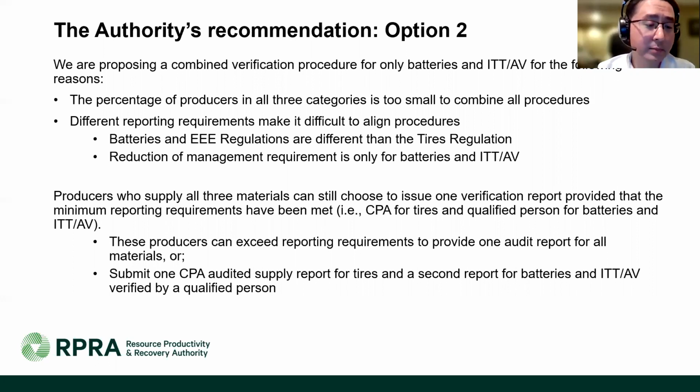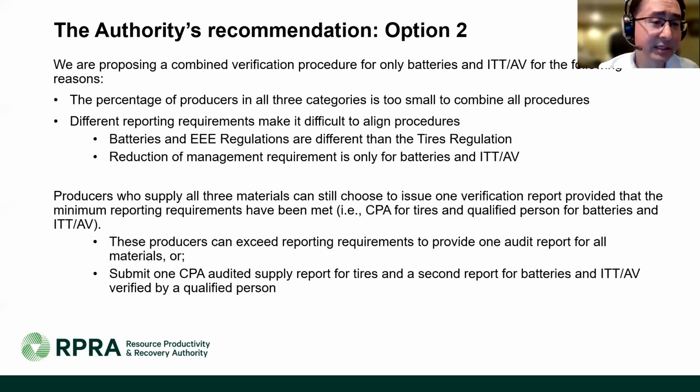So if you're a producer who supplies battery, ITTAV and tires into Ontario, and you already hire a third-party independent audit firm to validate your tire supply, you can also ask them to verify your battery and ITTAV supply. That's an acceptable approach, and when you submit your battery and ITTAV supply data, you can submit that audit report.